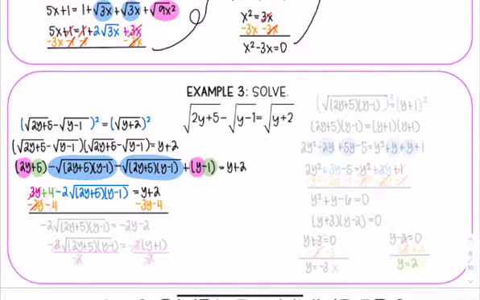And so it cancels on the left. And we have negative 2 times the square root of 2y plus 5 times y minus 1 equals negative 2y minus 2.